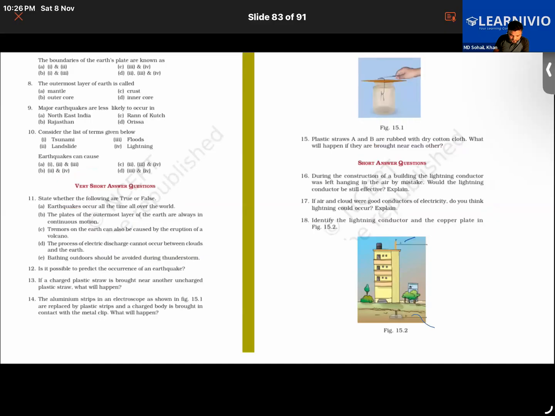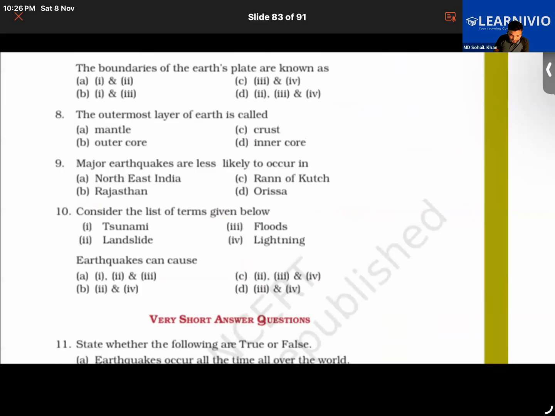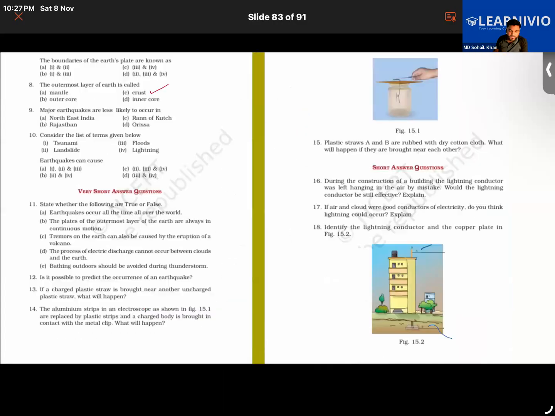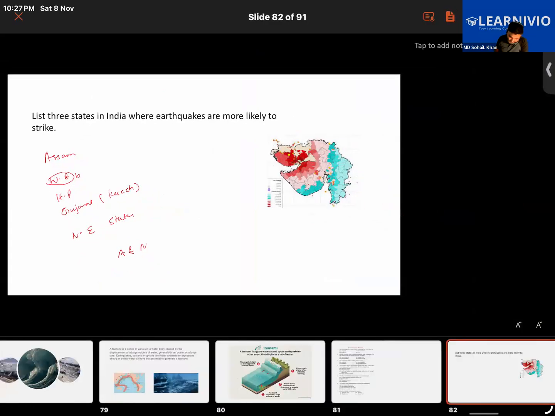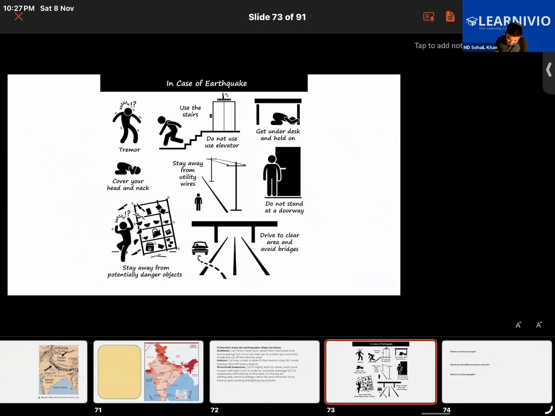The outermost layer of Earth is called. Very simple. Crust. Major earthquakes are less likely to occur in. Rajasthan. Look at Orissa also over here. Take a look at the following map once again, everyone.